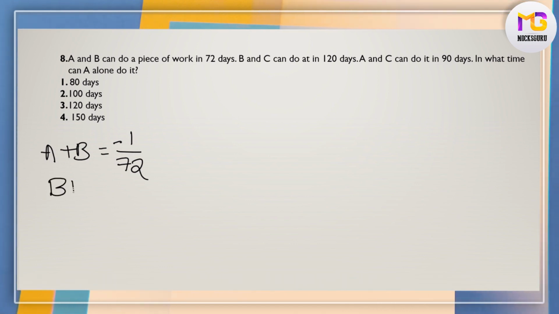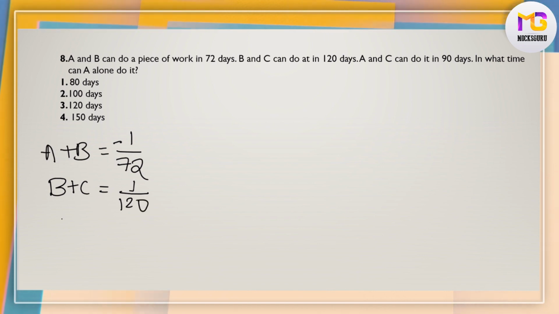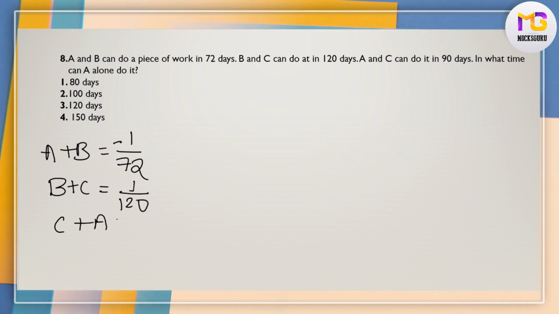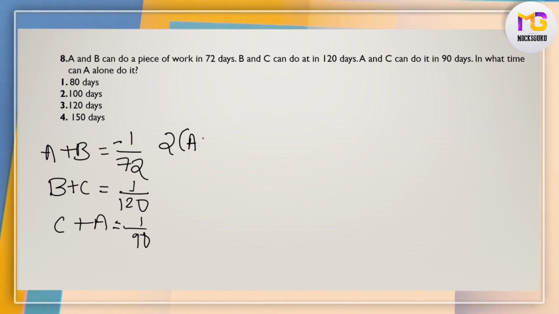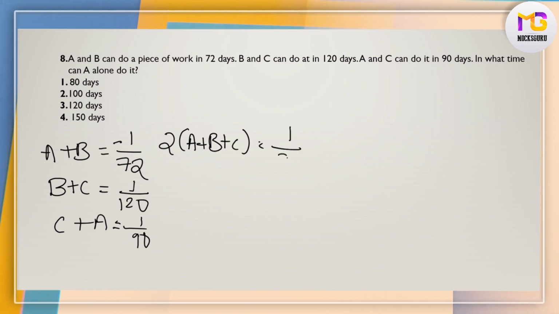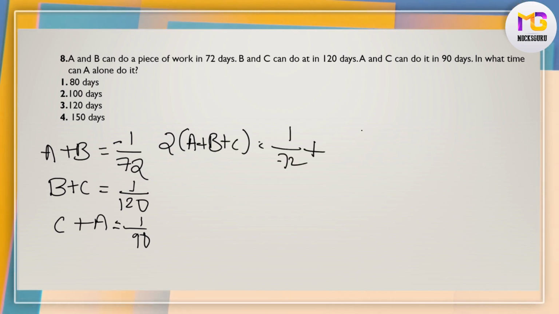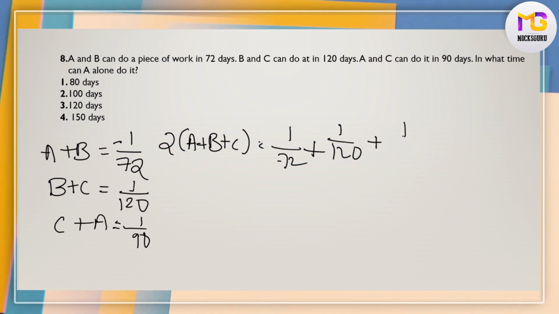Then B plus C is equal to 1 by 120. Then C plus A is equal to 1 by 90. So by adding these three, we'll get 2 into A plus B plus C, which is nothing but 1 by 72 plus 1 by 120 plus 1 by 90.